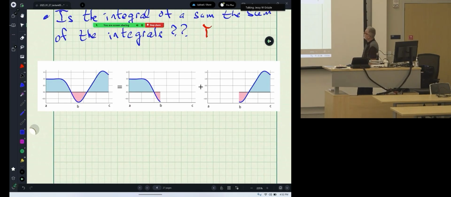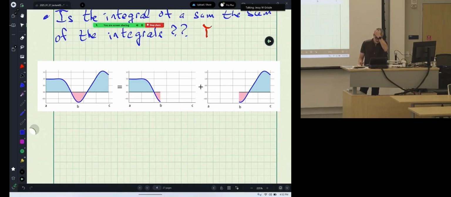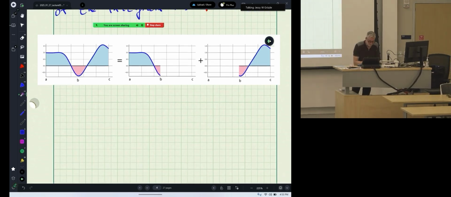Very good. Okay, so we've defined the integral as the area under a curve, and just simply by the definition of area, if we integrate from A to B, then we integrate from B to C, it really is the sum of the area from A to C. So the integral from A to C, we can take any midpoint, break up the integral, and end up with a very nice simple formula for the integral.